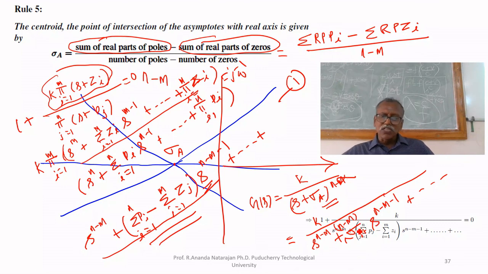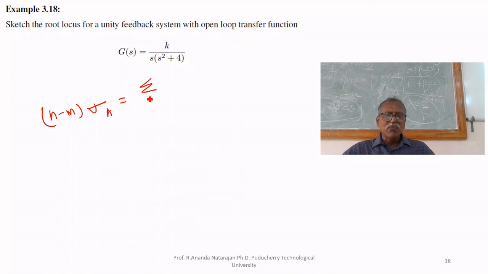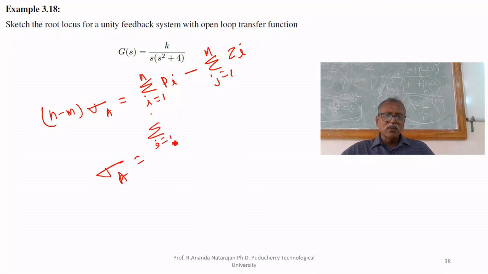So if you compare these two, what you will get is n minus m multiplied by sigma A equal to the sum of i equal to 1 to n of poles minus the sum of j equal to 1 to m of zeros. Therefore, sigma A equals the sum of poles minus the sum of zeros, divided by n minus m.